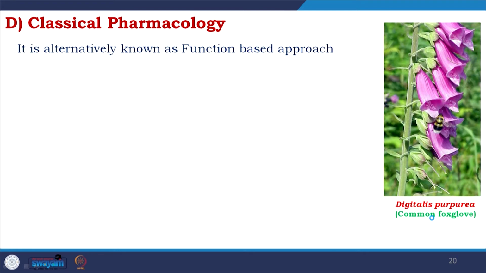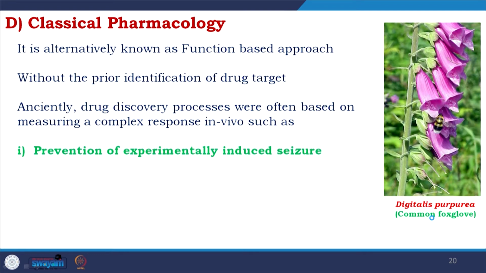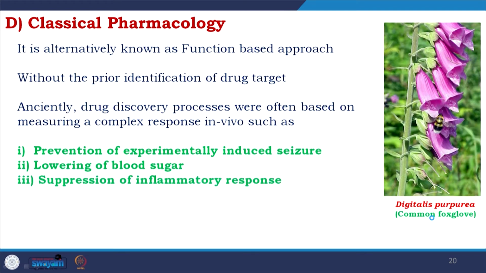Classical pharmacology. It is alternatively known as function based approach. Without the prior identification of drug target, drug discovery processes were often based on measuring a complex response in vivo, such as prevention of experimentally induced seizure, lowering of blood sugar, suppression of inflammatory response.